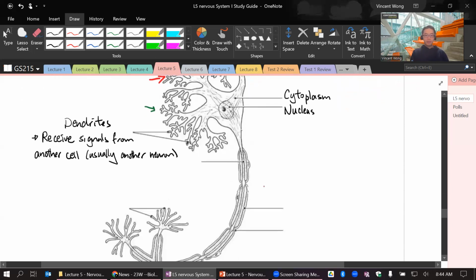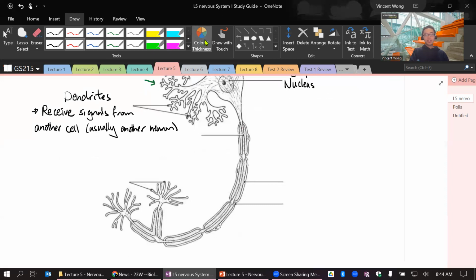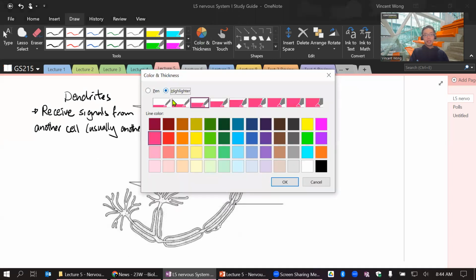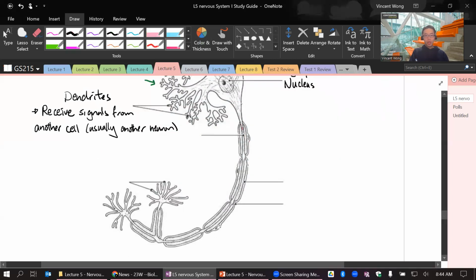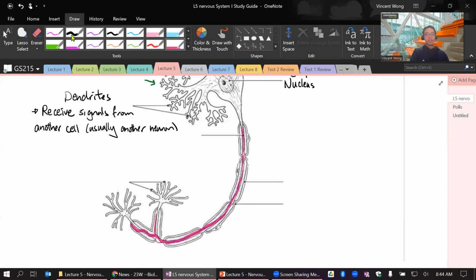So if we decide to transmit a signal, the signal is going to go down through this long tail here. Okay, so just going to highlight the middle here. That long tail, which might or might not split at the end, that is called the axon.